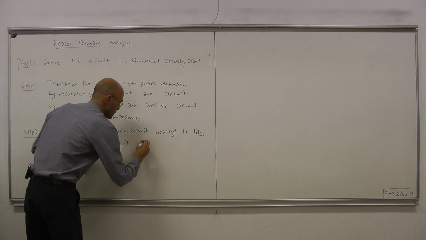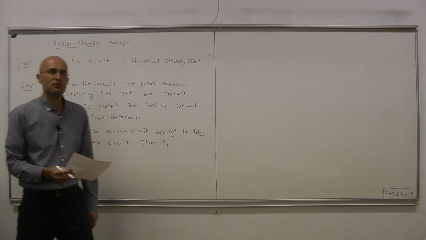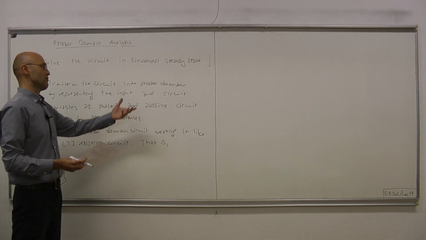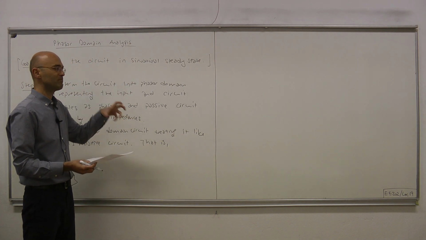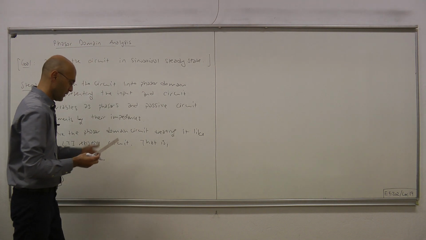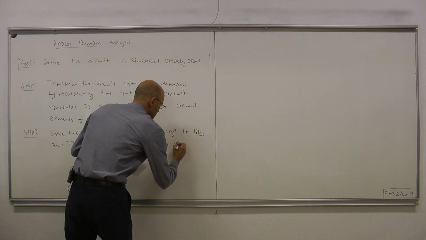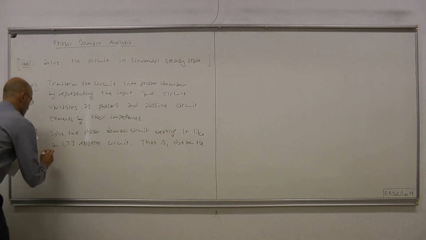In other words, obtain the phasors of the asked variables. Namely, if you're asked for some inductor current or a resistor voltage, we obtain the phasor of that current or the phasor of that voltage.